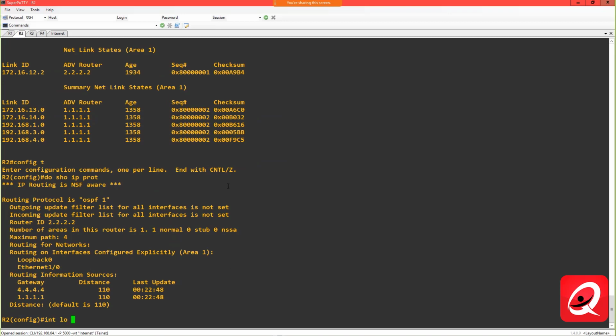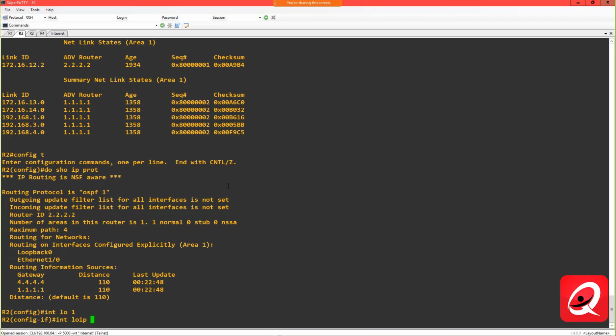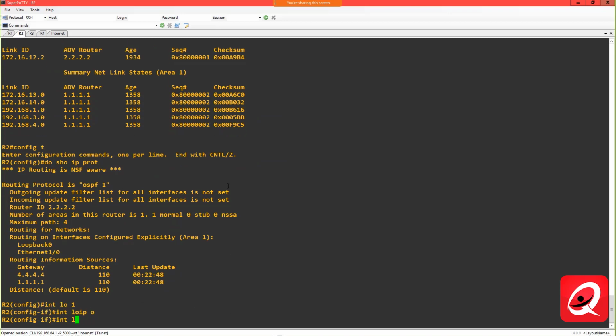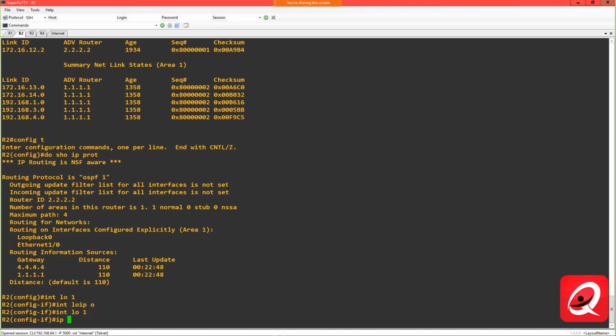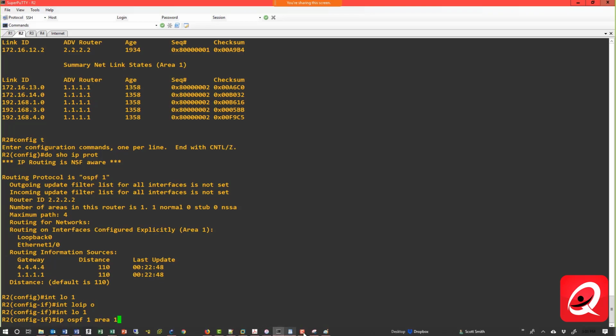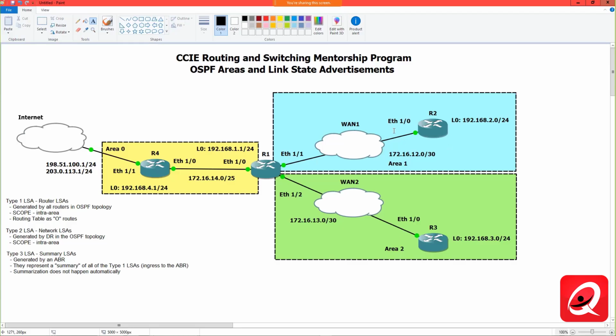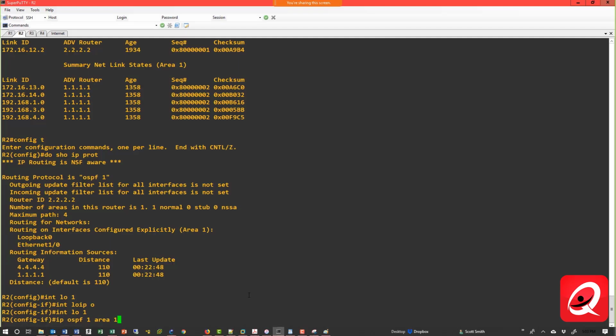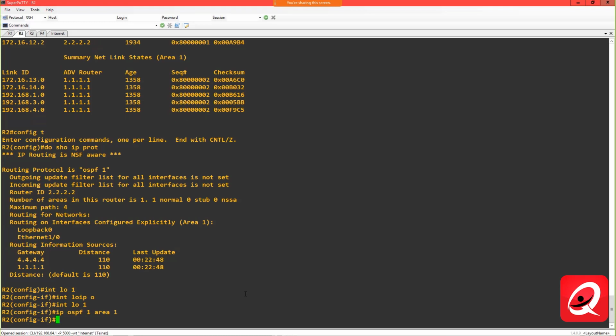Interface loopback 1, IP OSPF 1 area 1. Make sure I got the right area here. Area 1, yep. I've got to enable OSPF on the interfaces, otherwise it's not going to be advertised at all. Interface loopback 2.